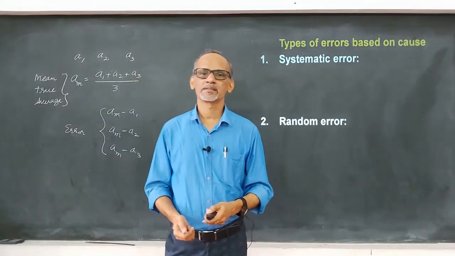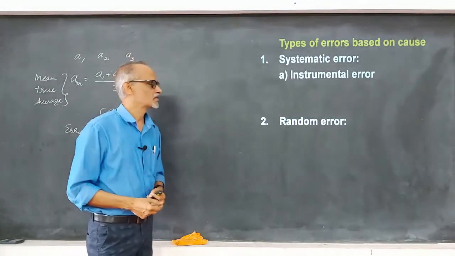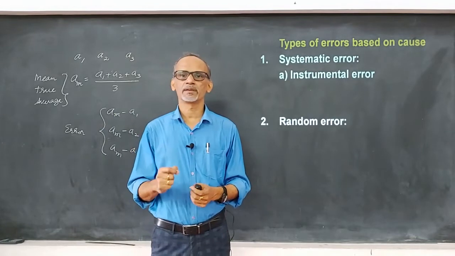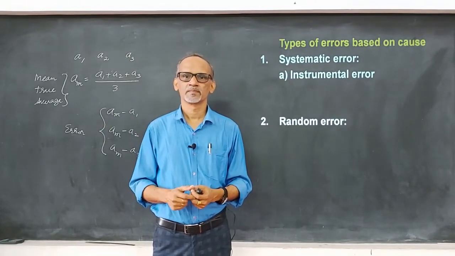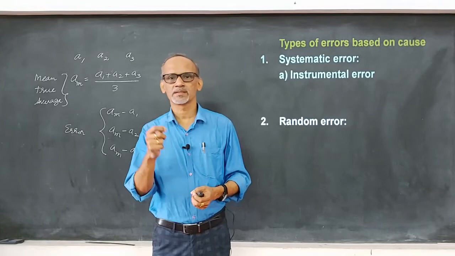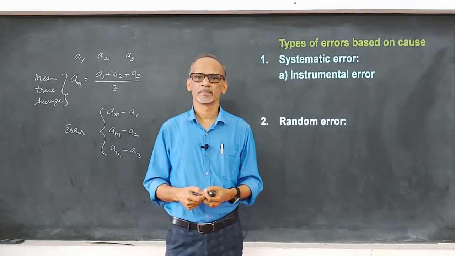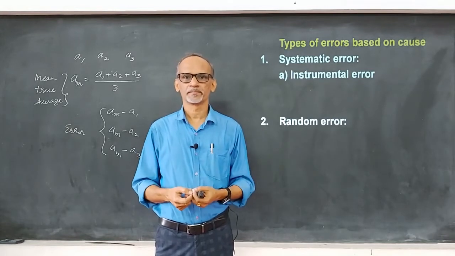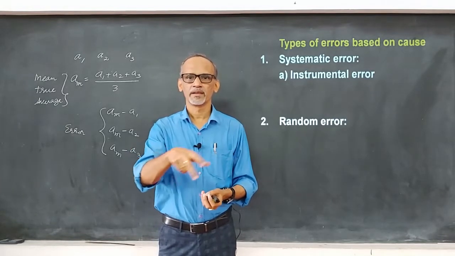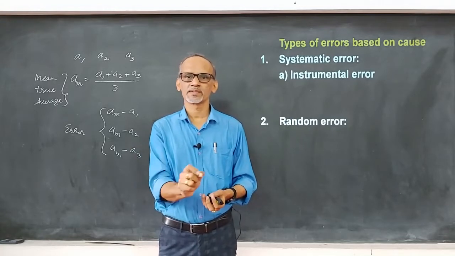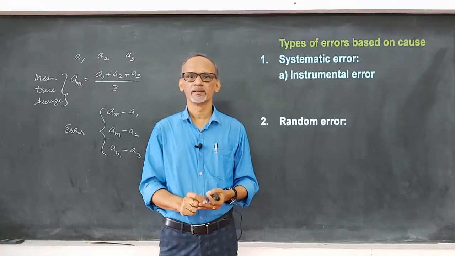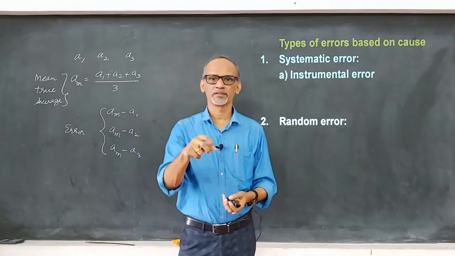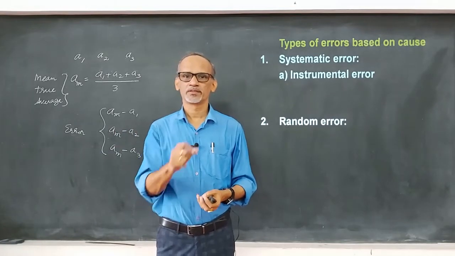The systematic error is of two types. The first one is called instrumental error. This error arises because of a faulty instrument. For example, with a weighing machine, without keeping any object, if it shows a reading of 0.1, it should indicate 0 but it is showing 0.1.